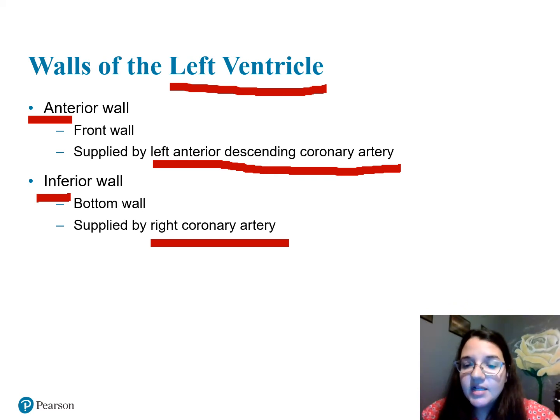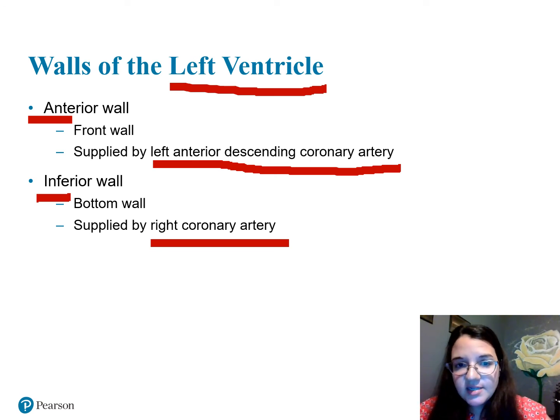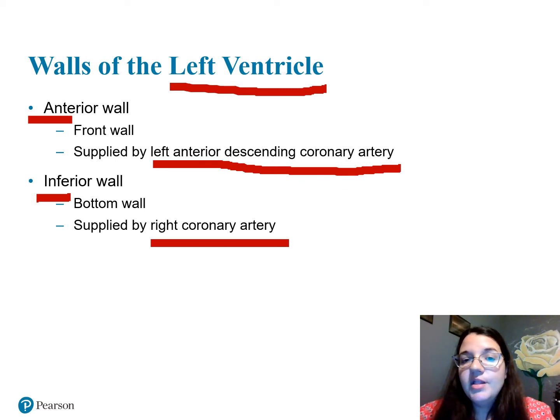But remember, your national certification, it's not going to be spelled out this simple. They want you to know what you're doing, what the heart is doing. So they're not going to spell out left anterior descending coronary artery or your right coronary artery. They're going to abbreviate it LAD or RCA.